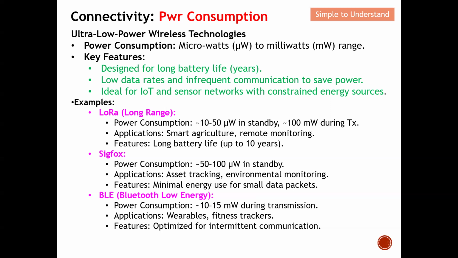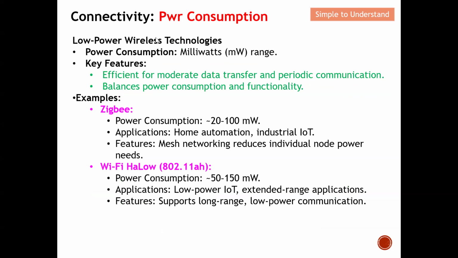Next, under low power wireless technology, the power slightly increases, up to milliwatts. The key feature is that they are very efficient for moderate data transfer and periodic communication. With this application, you can imagine that from time to time you need to send data. So it's very periodic communication, and you have some moderate data transfer, not so small, definitely not so big.